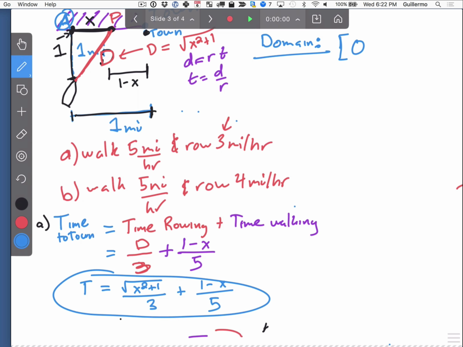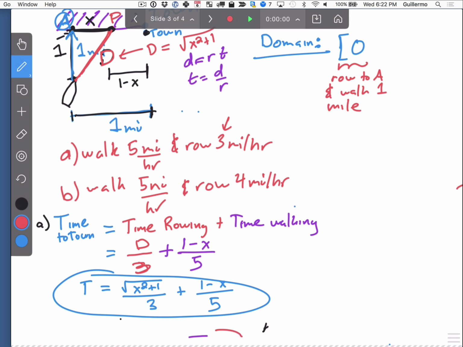It's not a triangle. That just means that you row straight across immediately to A, and then walk the entire 1 mile. That's what it means for x to equal 0. So this is row to A and walk 1 mile. That's one of the endpoints.